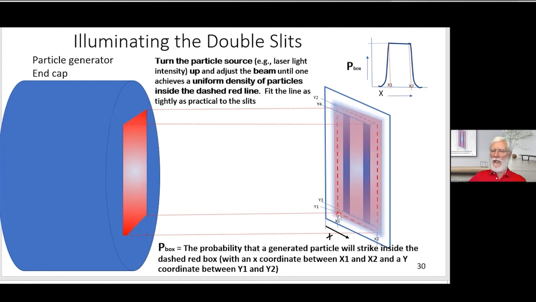That means a photon coming out of this end cap has an equal probability of hitting anywhere inside the dotted line. So that's how you get the probability is equal that it could go through slit 1 or slit 2. It's because you actually have a source that covers both of them equally with equal density.